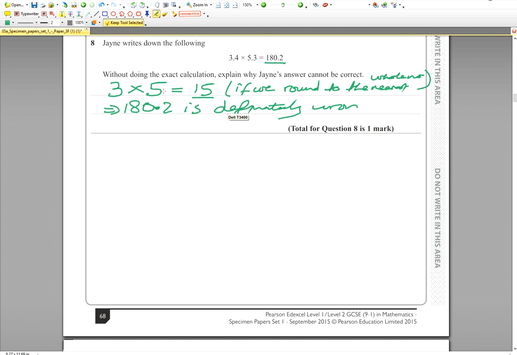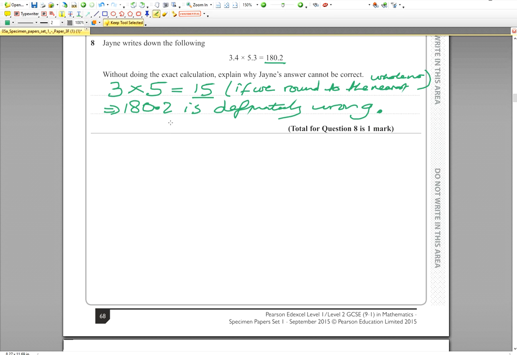Without doing the exact calculation, explain why Jane's answer cannot be correct. We've rounded these numbers to the nearest whole numbers, our technique, and we multiply them. So 880.2 is definitely wrong. Possibly they've put the decimal point in the wrong place. Maybe they've done 34 times by 5.3, and even if you multiply your answer by 10, it's still too big.